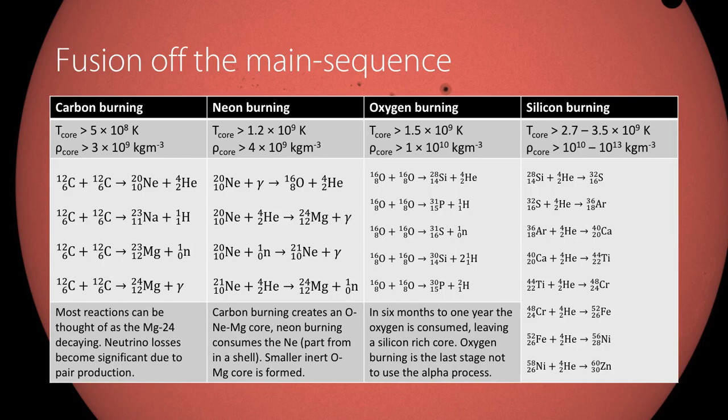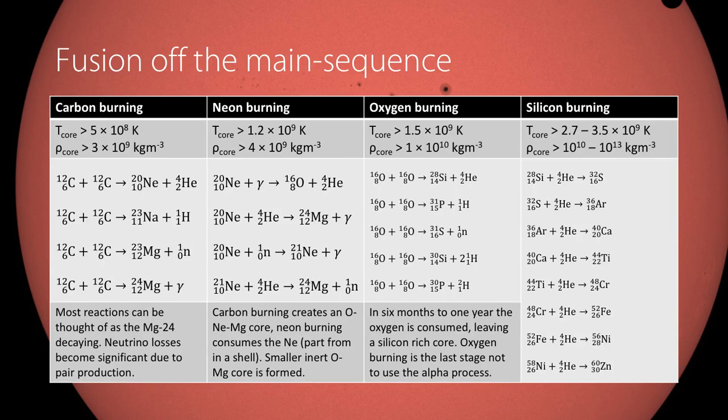If it can collapse and reach a temperature greater than 1.2 billion Kelvin, then there's a variety of neon burning reactions that will take place, forming oxygen, magnesium, etc. And then you have this oxygen magnesium core formed, and if the core can collapse and reach a temperature of 1.5 billion Kelvin, then again you have a whole variety of oxygen burning reactions that can take place, forming silicon or sulfur or phosphorus.